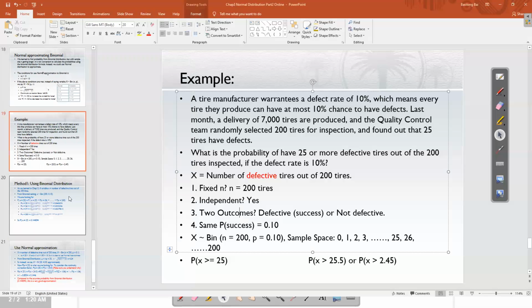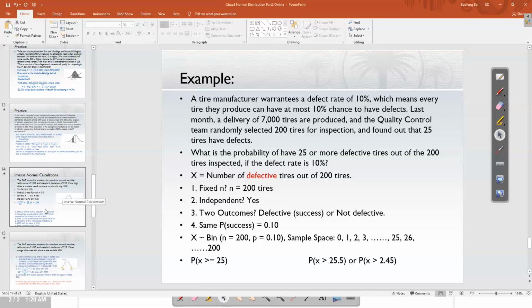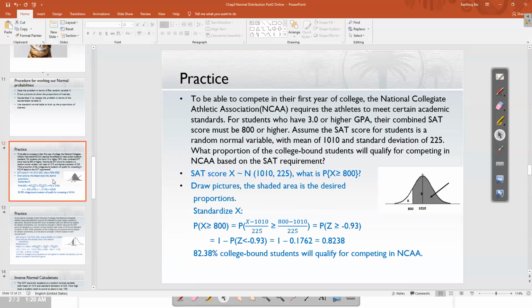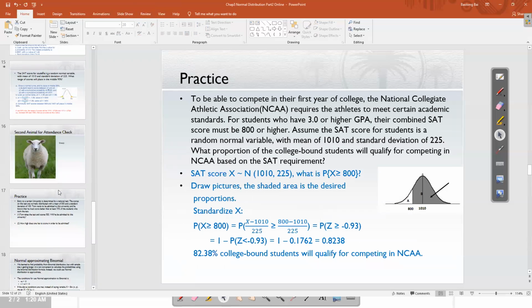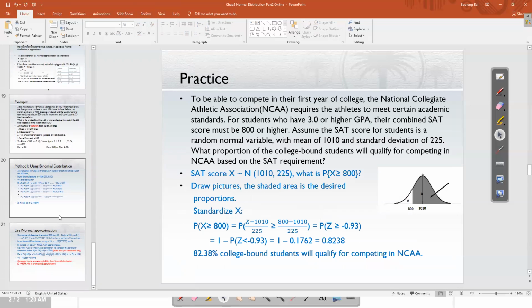I'm going to copy the equation from earlier for z equals x minus mu divided by sigma. It's just the format is bothering me. I just want to have this fraction part. Okay. So it will be a lot easier if you can write on the board.